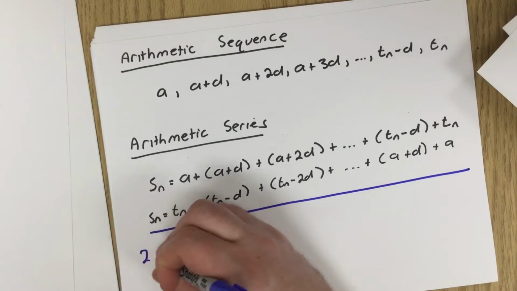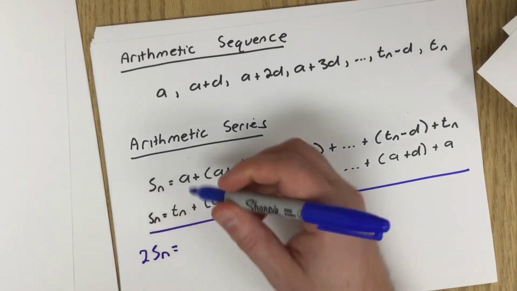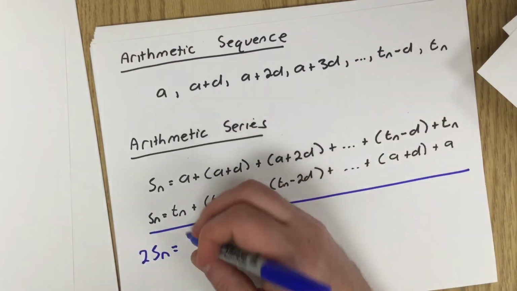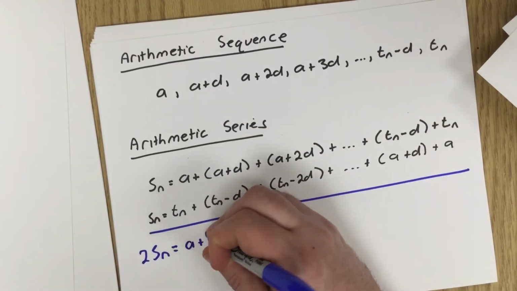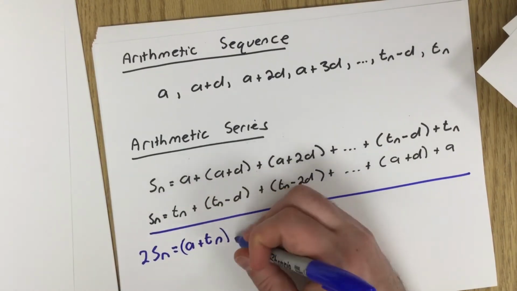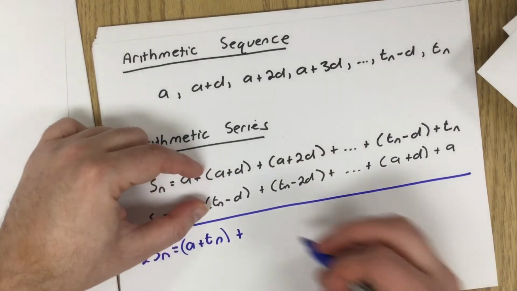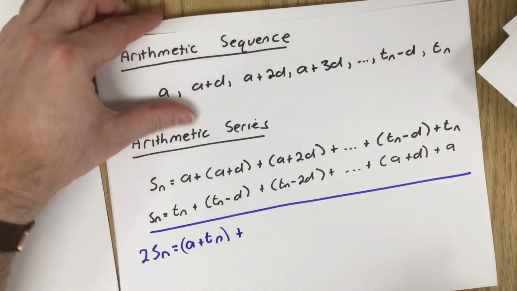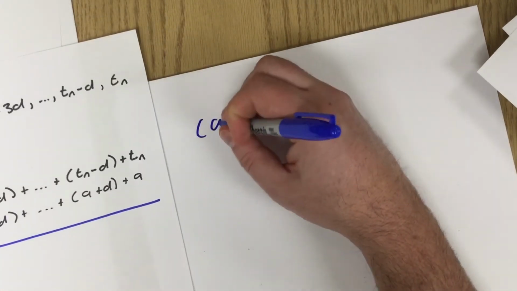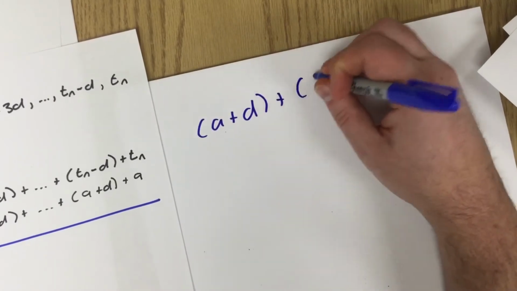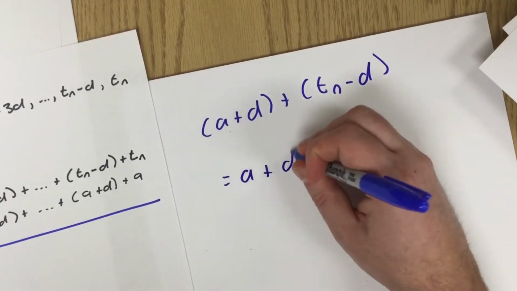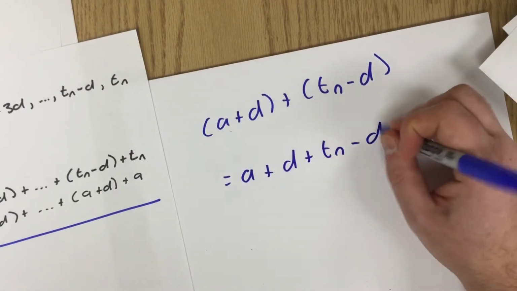So 2 times the sum of the first n numbers: the first pair is a plus Tn. Then over here we have a plus d plus Tn minus d.